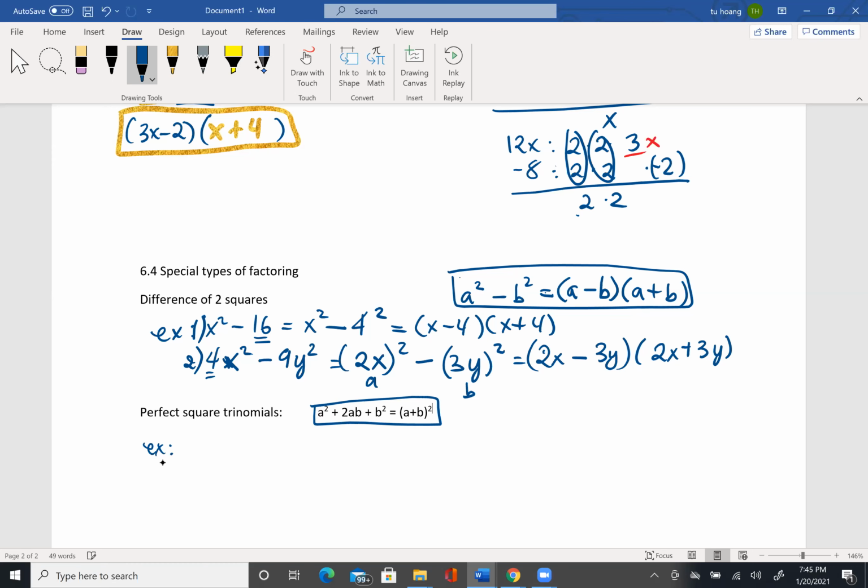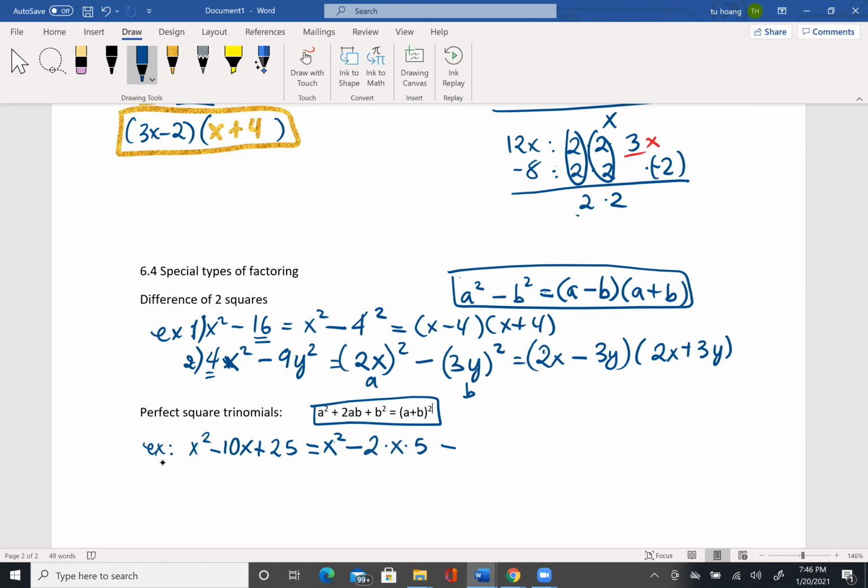So the first one is square already, so stay. And then I have minus 2 times x times 5.